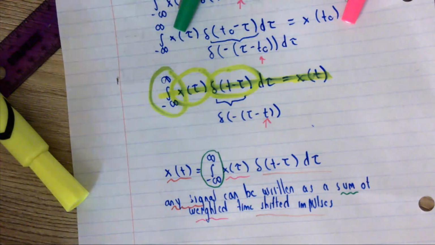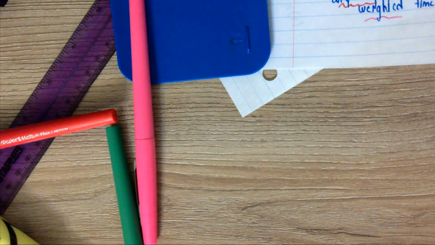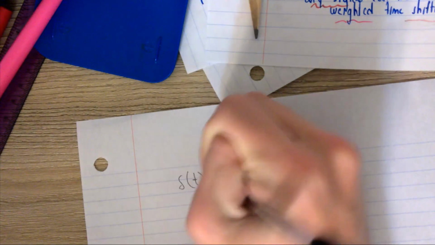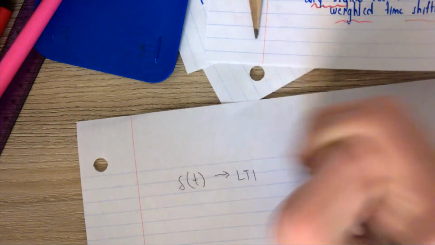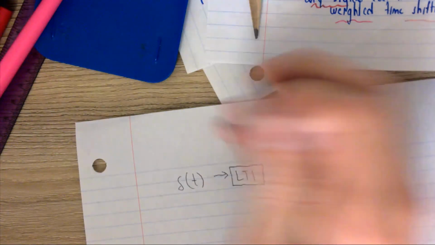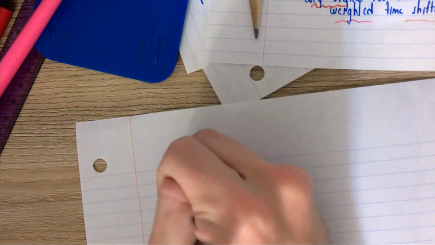So let me get a new sheet, and let me focus real quick on the linear time invariant system unit impulse response. So to start out, for our convolution integral, we have delta t here. We bring it through a linear time invariant system for any unit impulse.